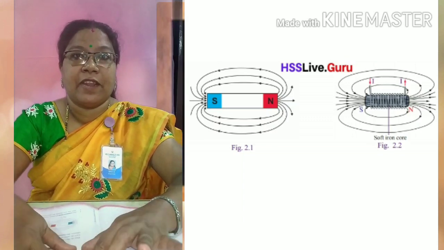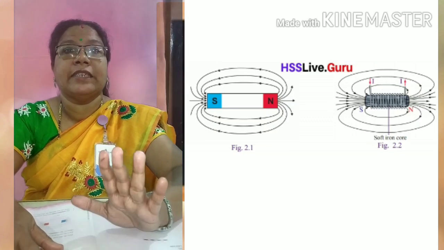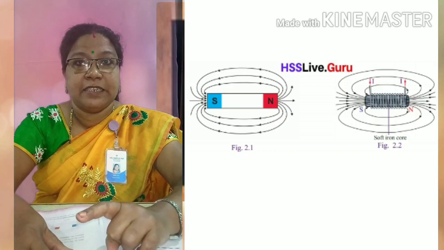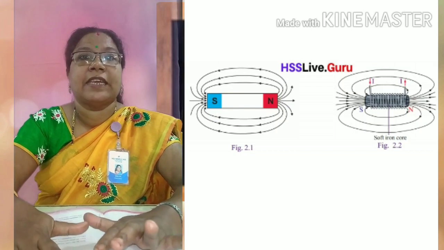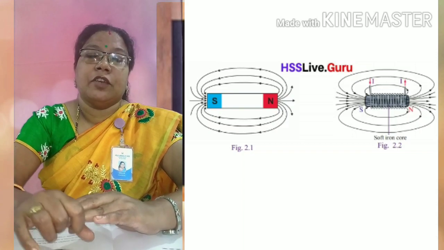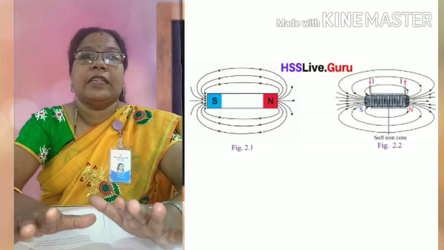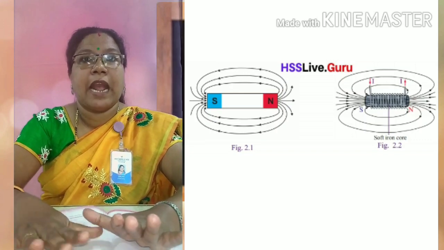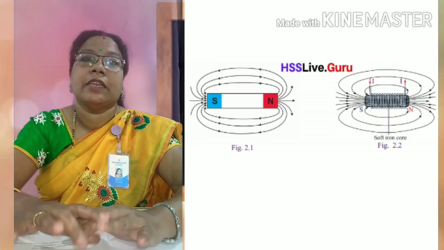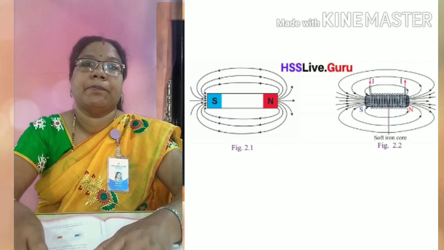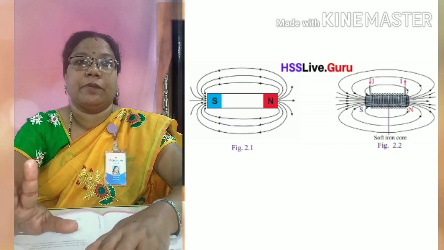The magnetic flux lines do not intersect each other, and the magnetic flux density can be seen greater at the poles. So in the figure that you see, the magnetic flux lines around a bar magnet and around a solenoid are depicted. We have to study the magnetic flux lines around a solenoid.